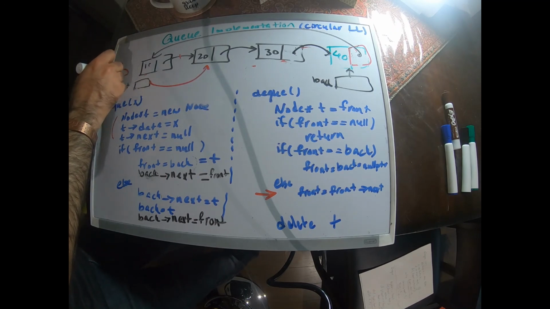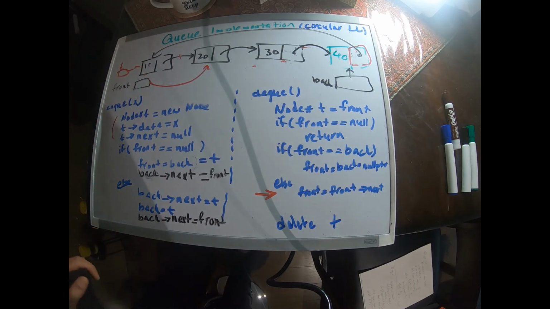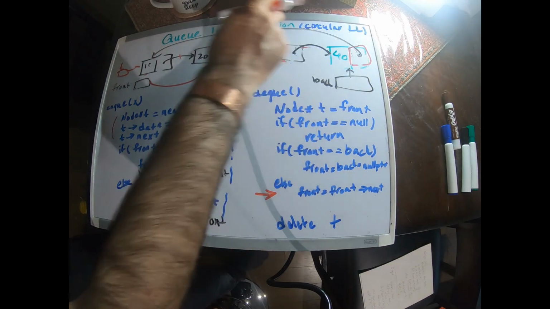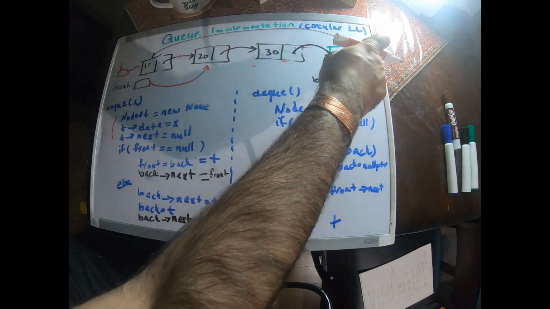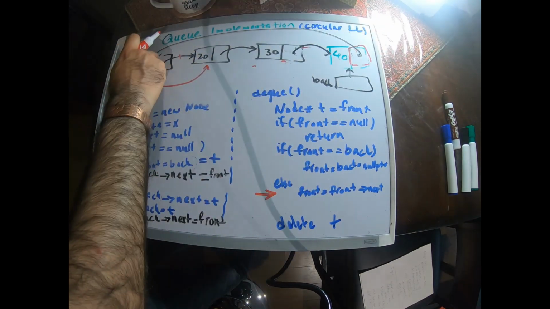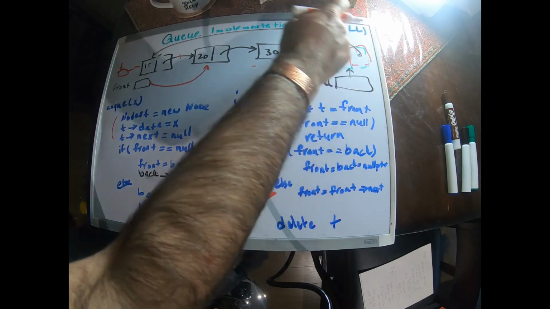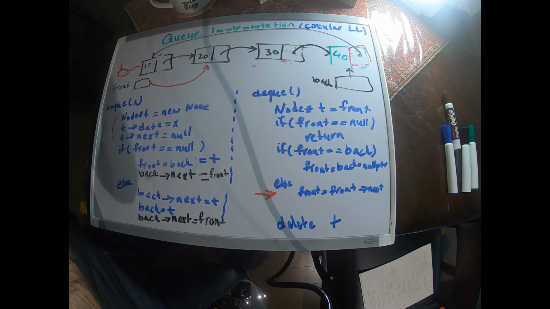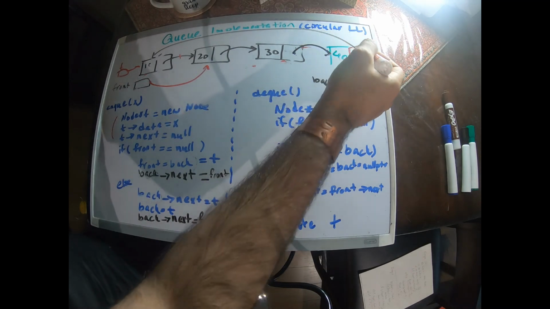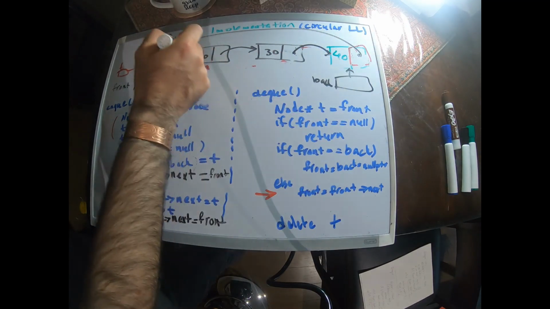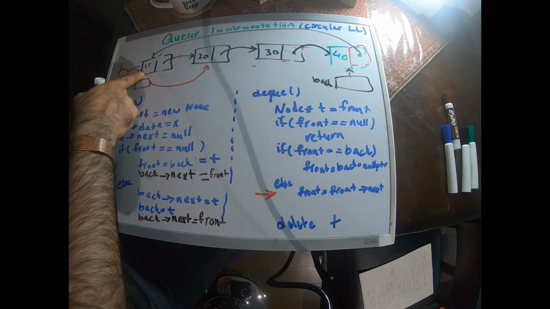This is the temporary thing that we have to delete. So this node's pointer is pointing to the front. I want it to be pointing to the new front, not to the old front.